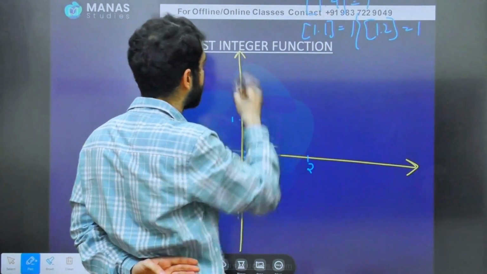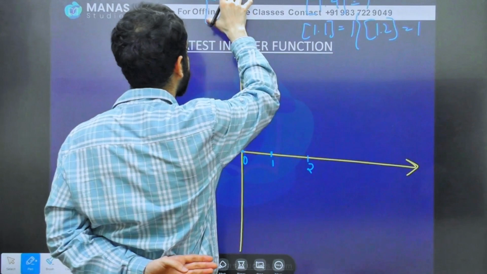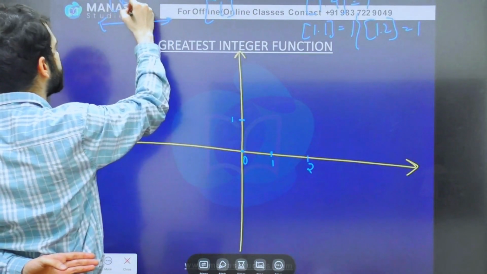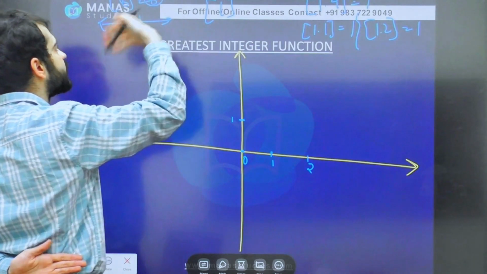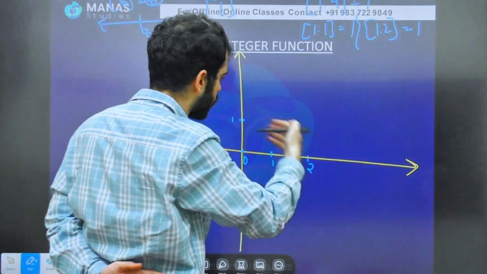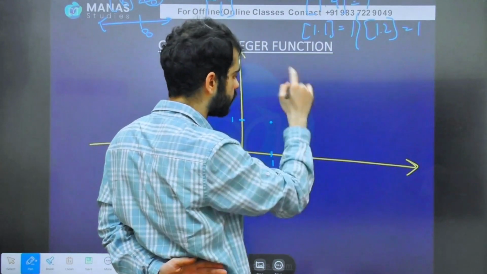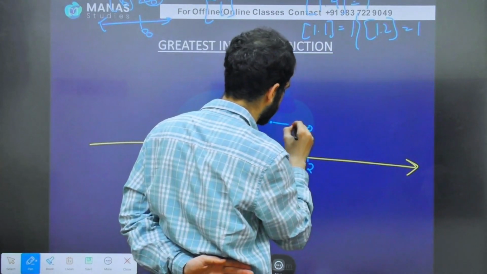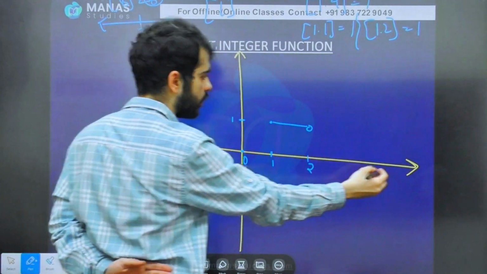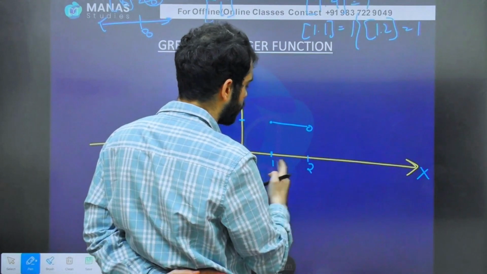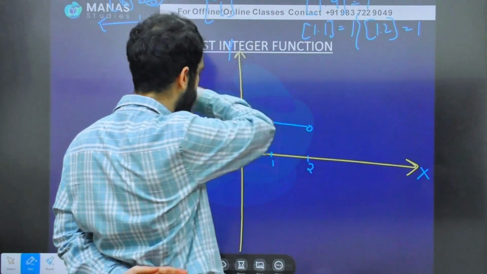And what will be the value at 1? If I input any integer into GIF, that is GIF of 8, it is going to be 8 itself, because 8 is in itself an integer. So if I input 1, I will get 1, and if I input any value up till 2, I am going to get 1, excluding 2. So this is going to be the graph for all the values of x. The output for all the values of x from 1 to 2 is going to be 1.